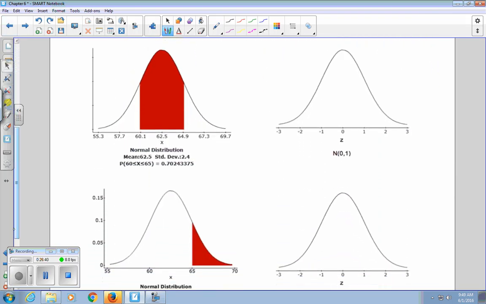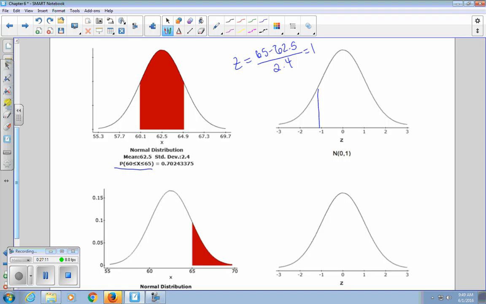Okay, how would we do it when we're looking for something between? Now we want to know what's the probability of selecting a woman that's between 60 and 65 inches. So we've already standardized 60, and we know that that's negative 1.04. So now let's also standardize 65. So that'd be 65 minus the mean, 62.5 over the standard deviation.